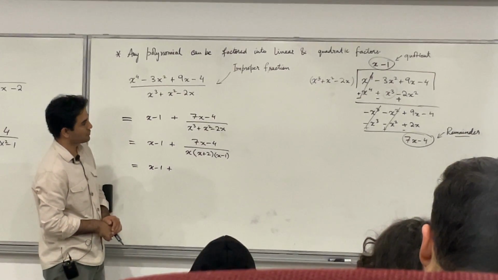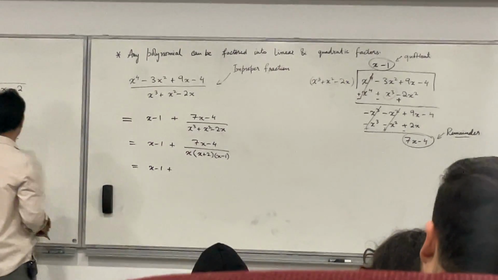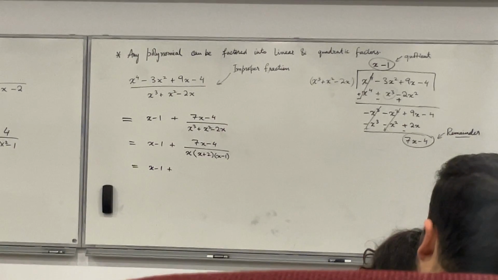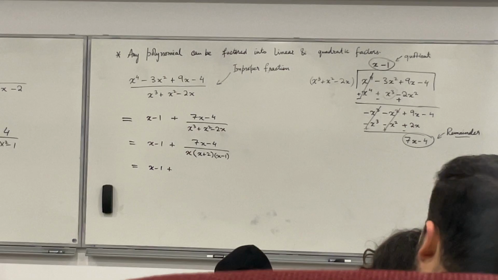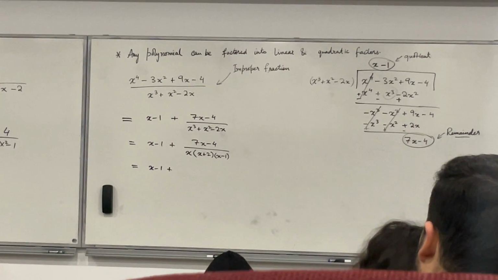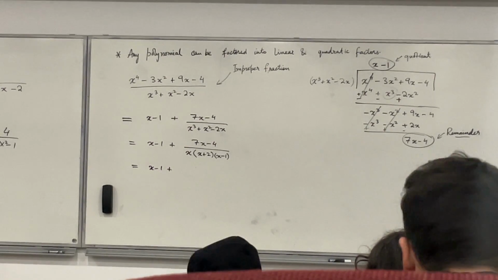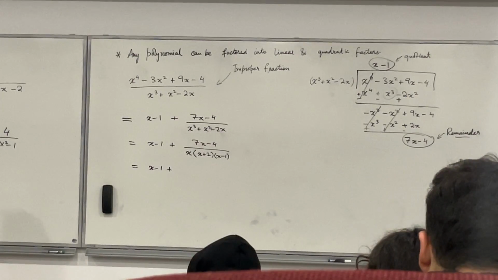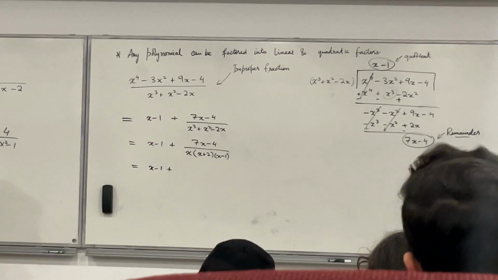Because the expression on the left board, x squared minus x minus 2, that gives x plus 1. Oh wait, no, yeah. That one was the one with the plus 1 minus 2, and this is the plus 2 minus 1. Okay, yeah.